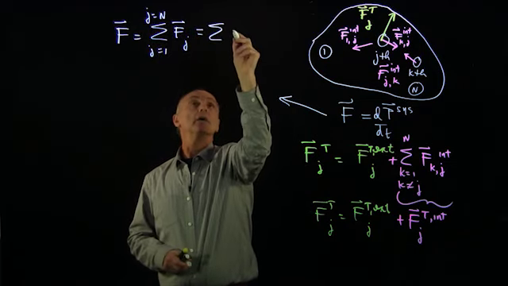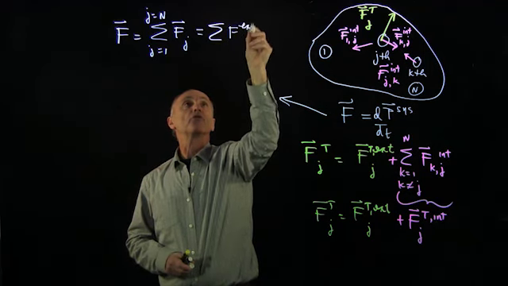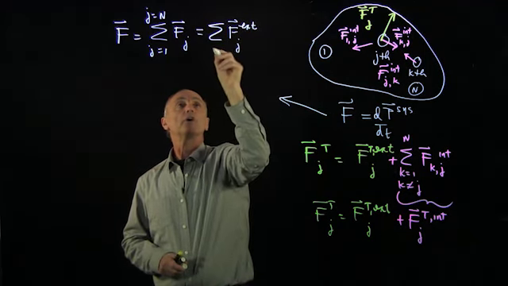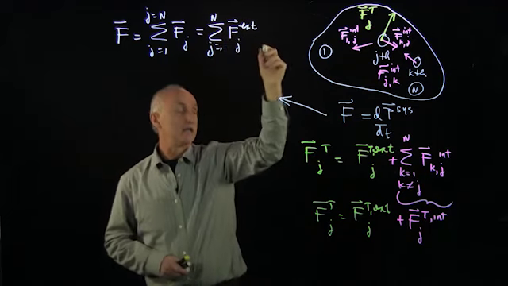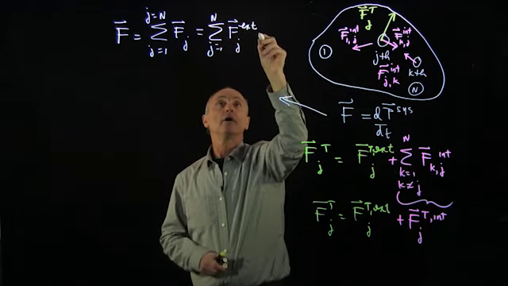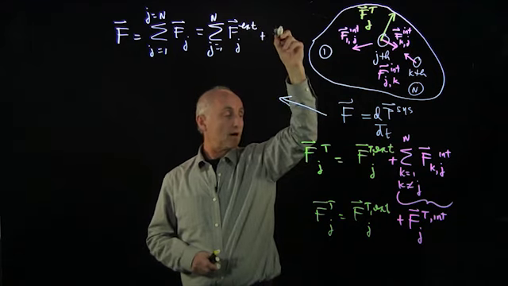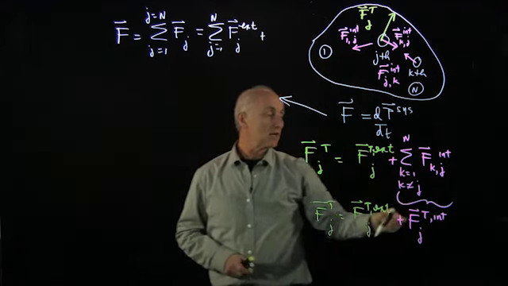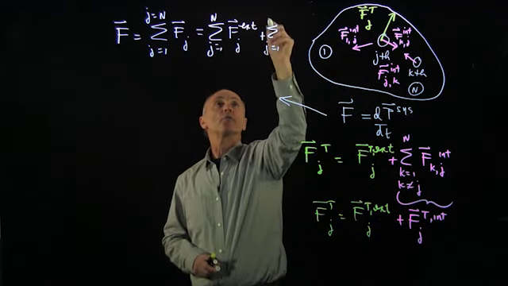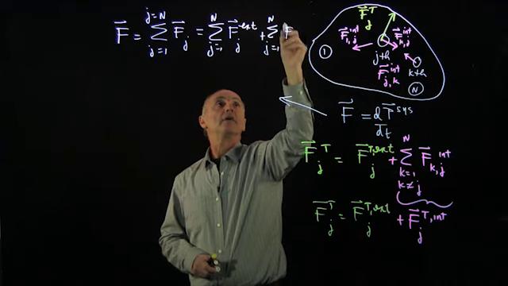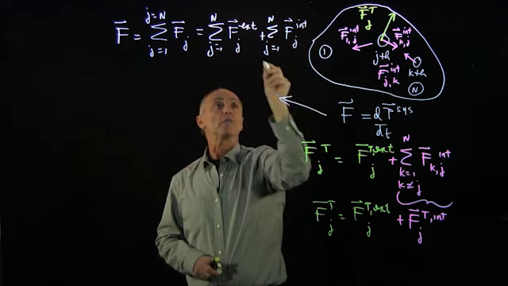So it's the sum of the external forces on the jth particle, j goes from 1 to n. And here we have a sum of the internal forces. So we have our sum, j goes from 1 to n, of the internal forces on the jth particle.